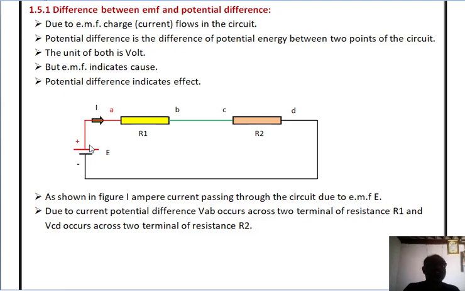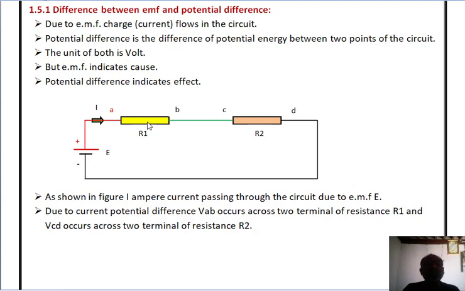As shown in this figure, due to the closed circuit and the EMF available in this circuit, current I ampere passes through the circuit, and the value of this current depends on the value of this EMF and the value of the resistance.